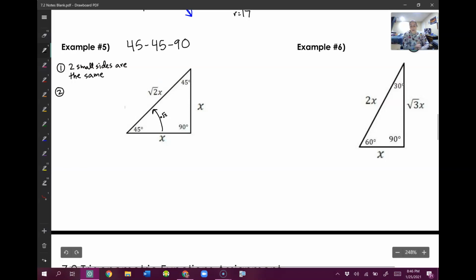Now, let's say I'm given the big side and I want to go the other direction. I want to find the small side. Well, now I'm going to divide by root 2, the opposite. And this should make some sense. If I'm going from a smaller side to a bigger side, then I multiply, because multiplying makes things bigger.